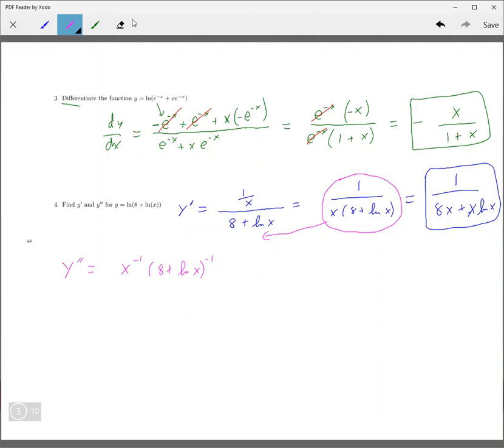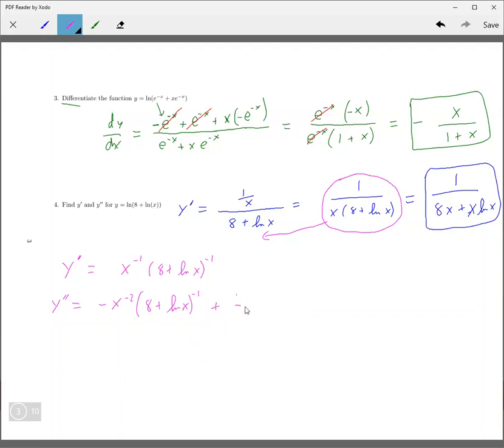Hold on. This is y prime, sorry. Okay, now I can use the product rule on this. Okay, so the derivative of the first part, which is negative x to the negative 2, times the second part. Plus the derivative of the second part, which is negative.